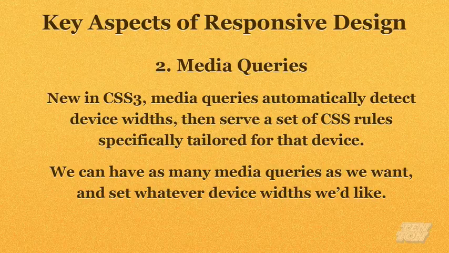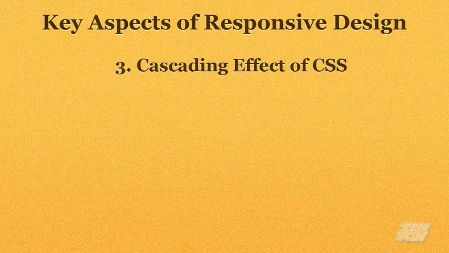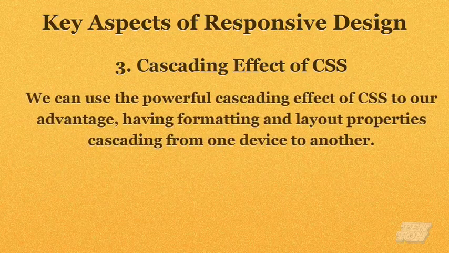The third one is the cascading effect of CSS, which I'm sure you're familiar with. We can use the powerful effect of cascading in CSS to our advantage, having our formatting and our layout properties cascade from one device to another device all the way through our responsive layout. Okay, so there you go.